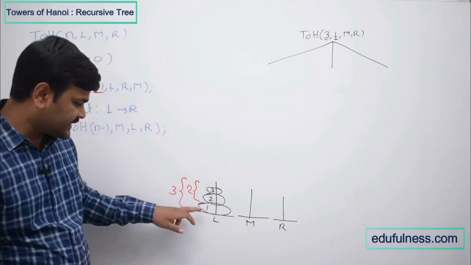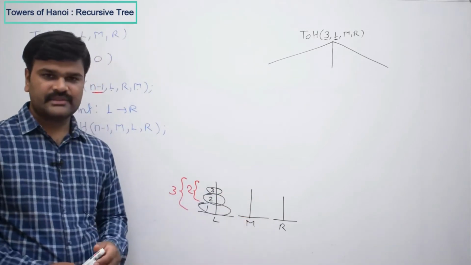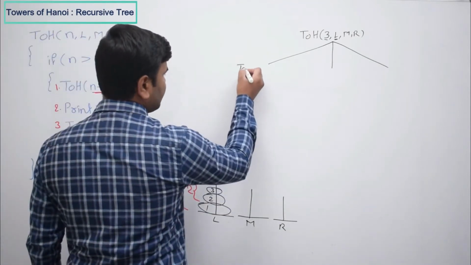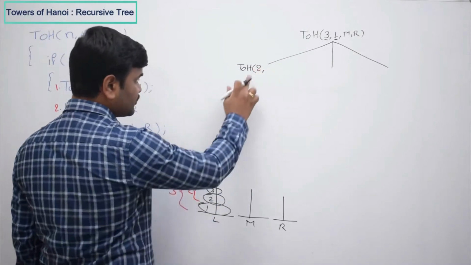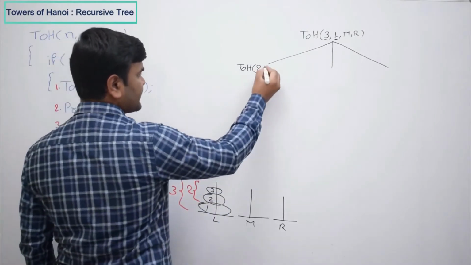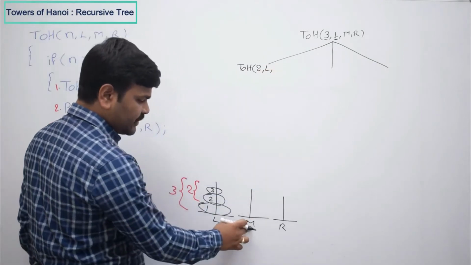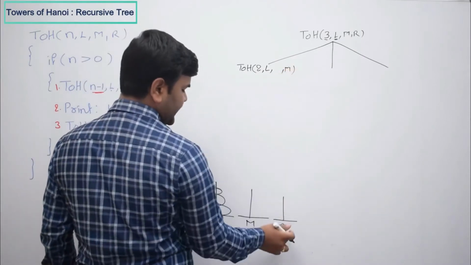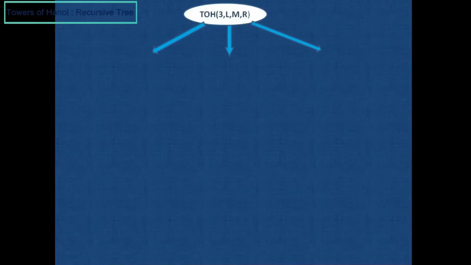Then you can shift this one from the left tower to R. So that is what we are going to do here. So that is Towers of Hanoi 2. Then where do these 2 disks exist? At L, and then to where we have to shift, we have to shift to M, by using the R tower. So this is the statement.